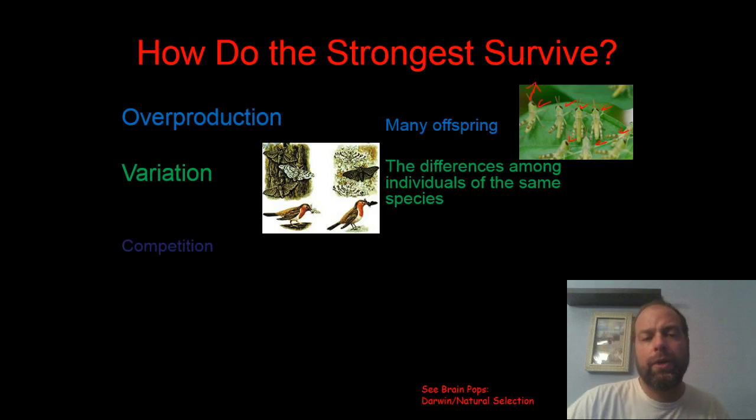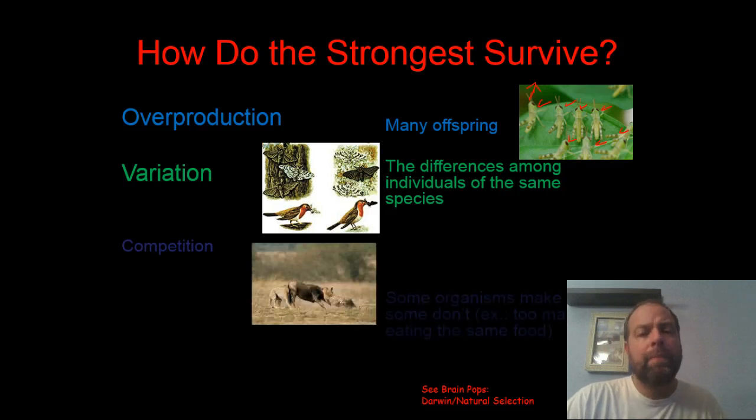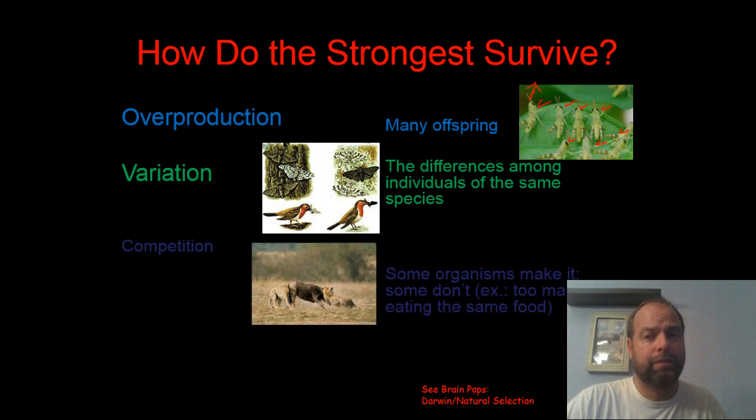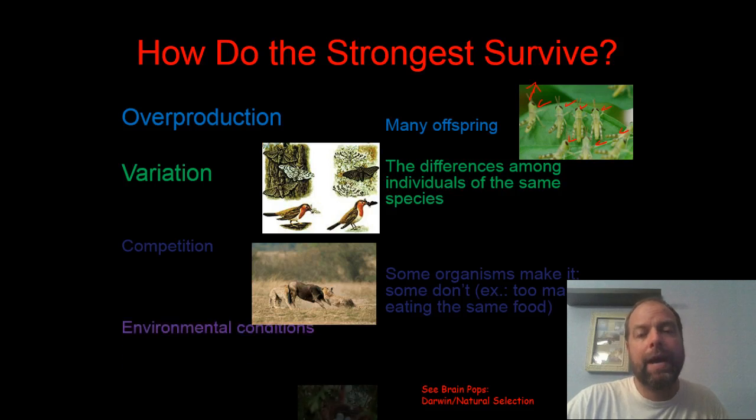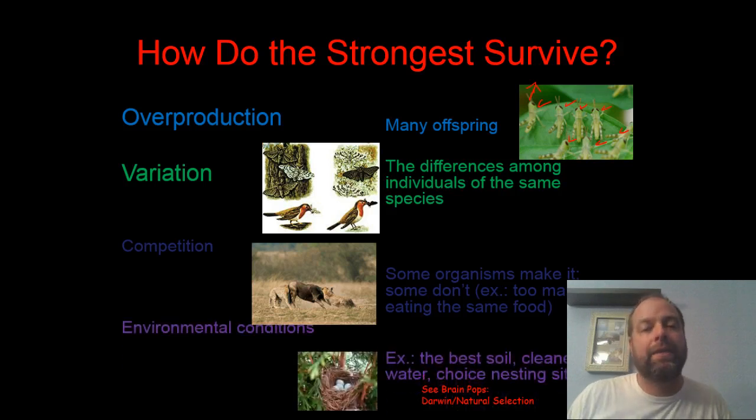So what he concluded was there must be a competition to survive. Since there's too many animals and they're slightly different, some of them are probably going to die. That leads to competition. And this competition could be many things.